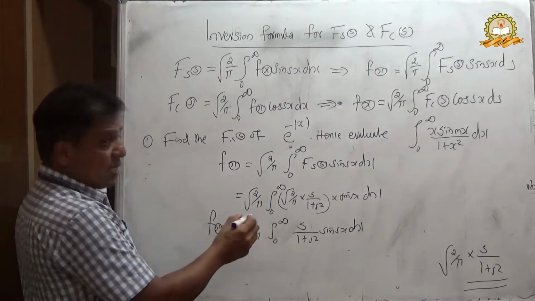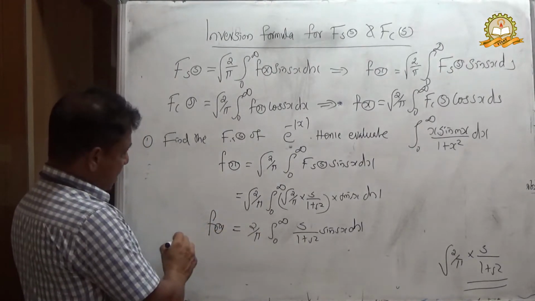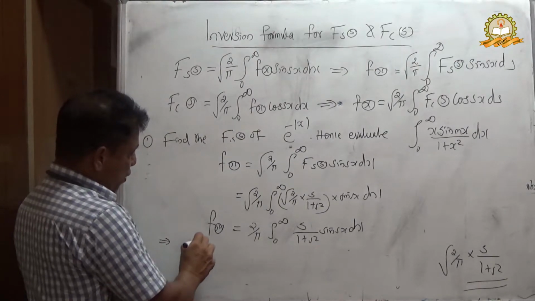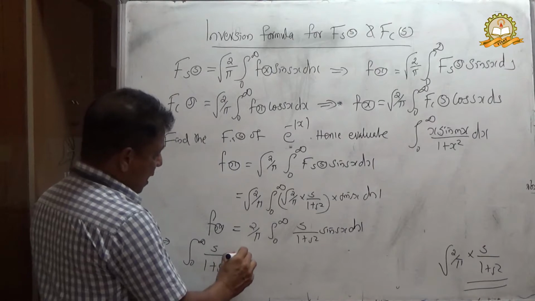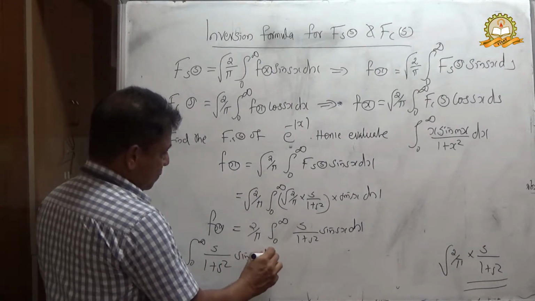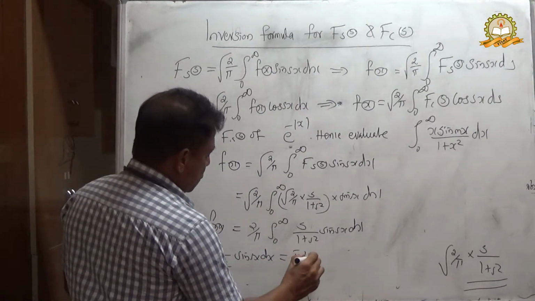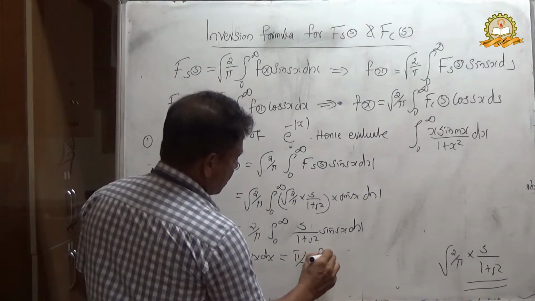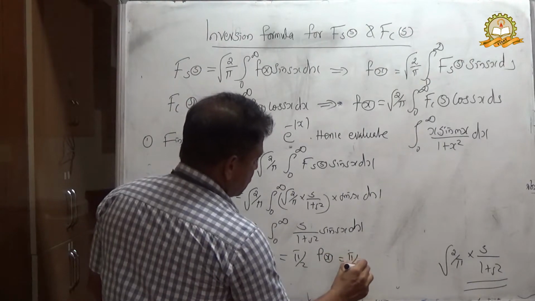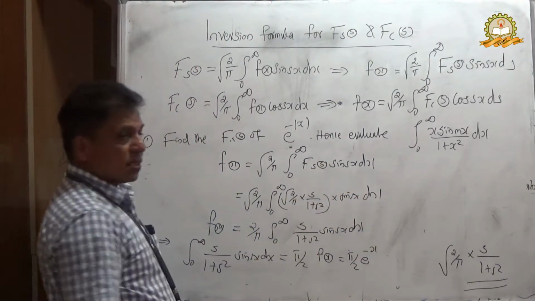Then we just rearrange it. Rearranging the terms, we get integral 0 to infinity s by 1 plus s square sin sx ds is equal to pi by 2 into f of x, that is pi by 2 into e raised to minus x.